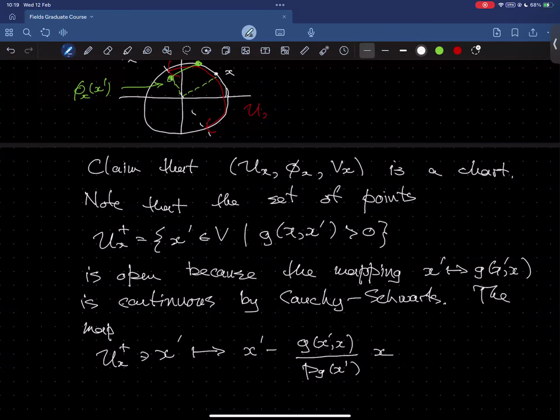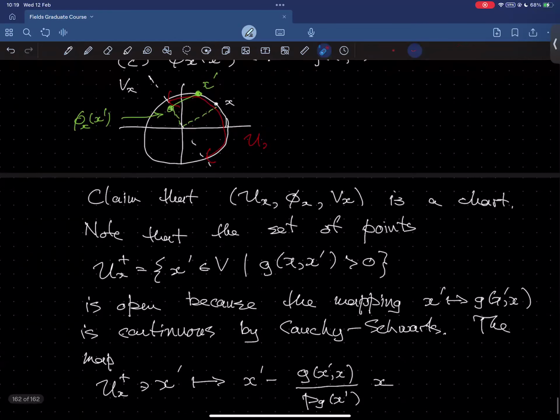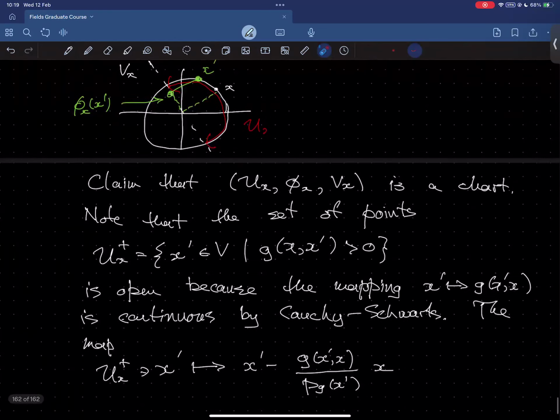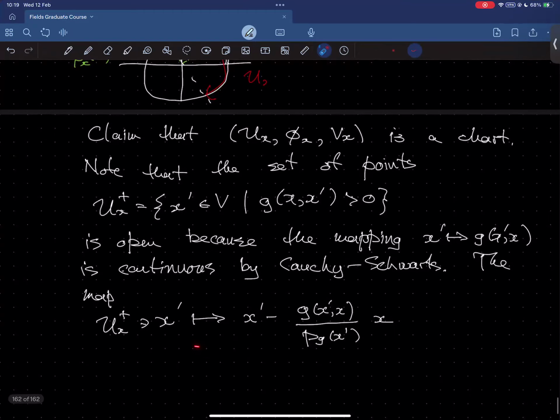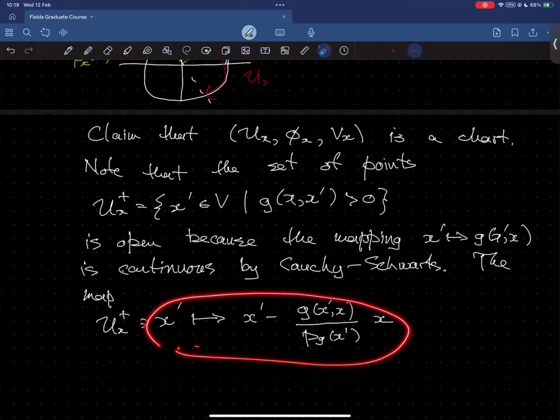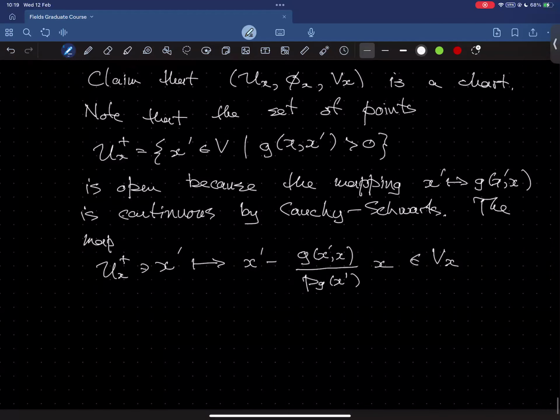All right, and so this one, again, is defined on all of the points out here, not just the points in the little arc of the circle here. Right? But it's the same mapping. What this mapping does is that it takes a point out here and projects it orthogonally onto Vx. Okay, so this will be in Vx. Okay, so that map is continuous.